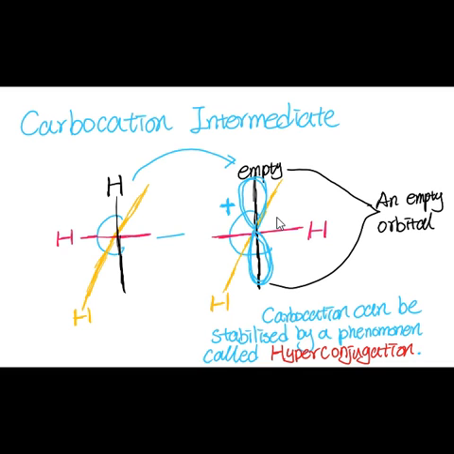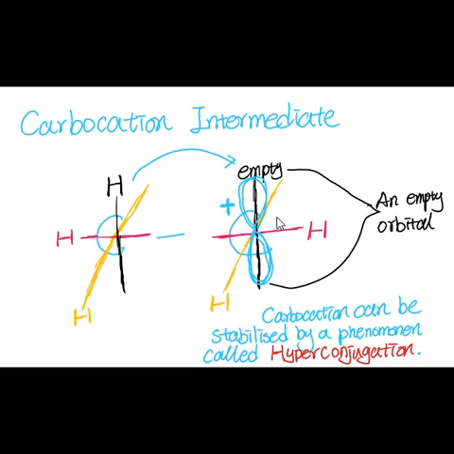So that's the reason why a primary carbocation is less stable. Think about it: a primary carbocation intermediate has one carbon group attached to it, so only one carbon group is donating a very, very minor amount of negativity to that empty orbital.